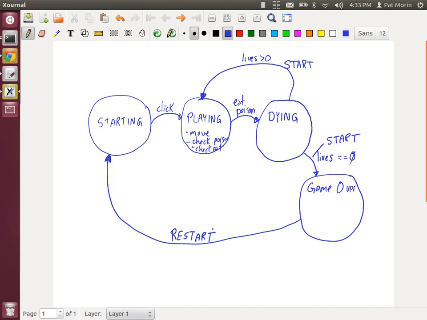So when designing these things, it's actually helpful to make one of these diagrams and think about the way a game should play itself out, draw this machine, and then implement that machine in the code.